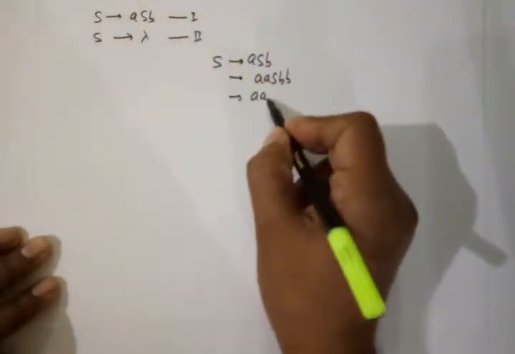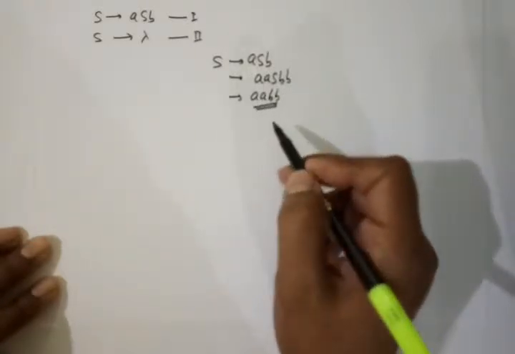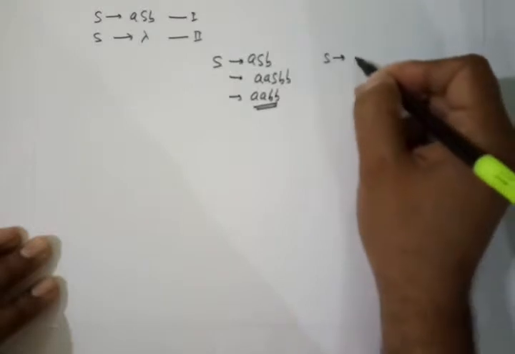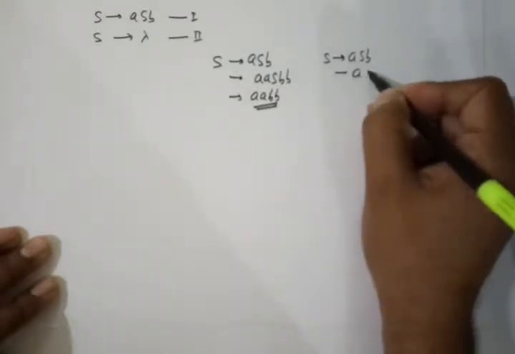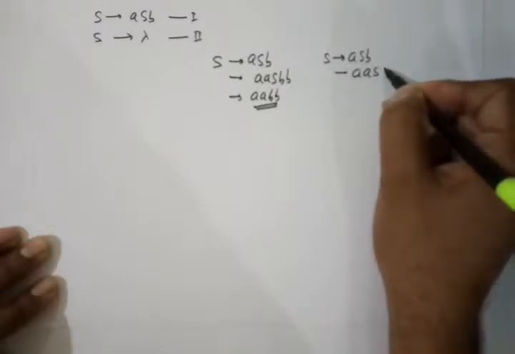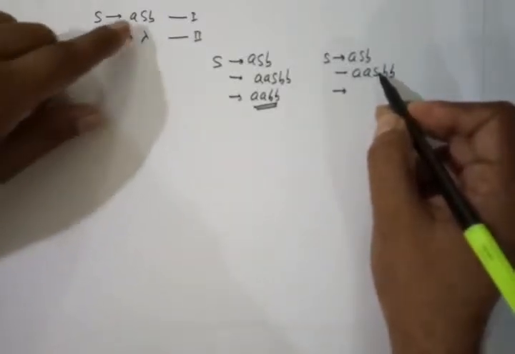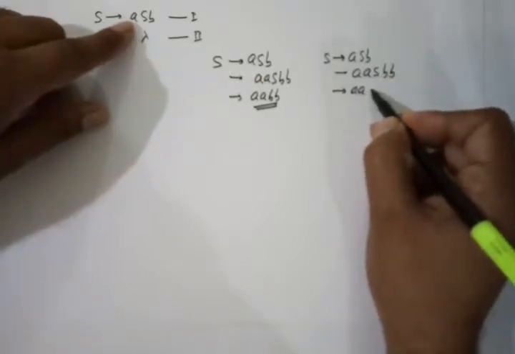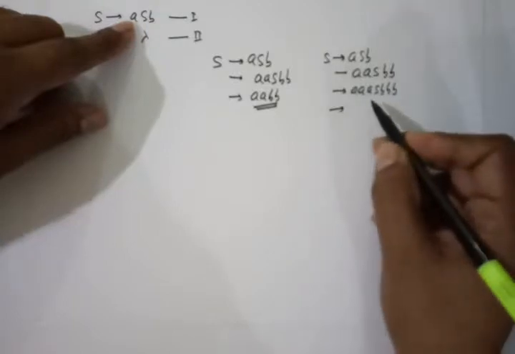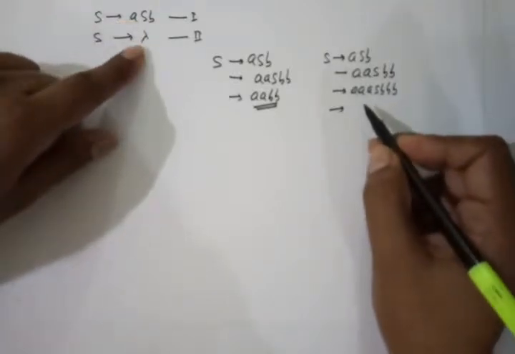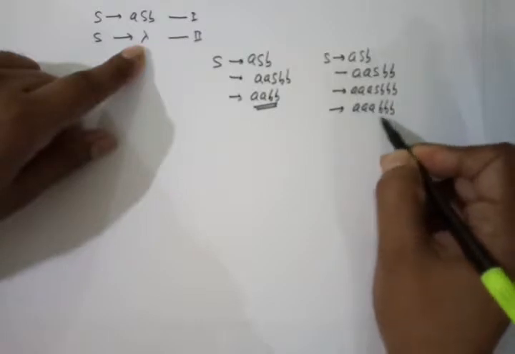So null here. So this string AABB can be derived. Similarly, S can be ASB, AASBB. Again, by applying the production rule 1, AAASBBB, and finally S can be null, so AAABBB can be derived.